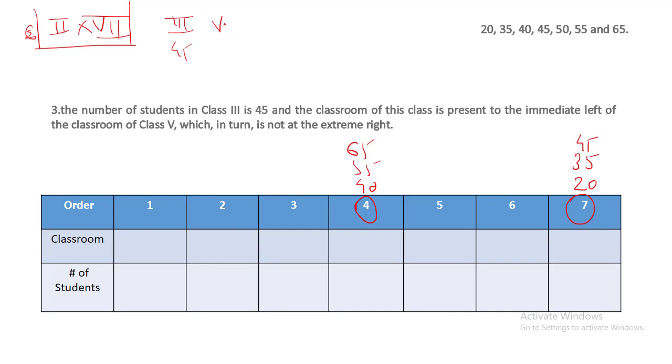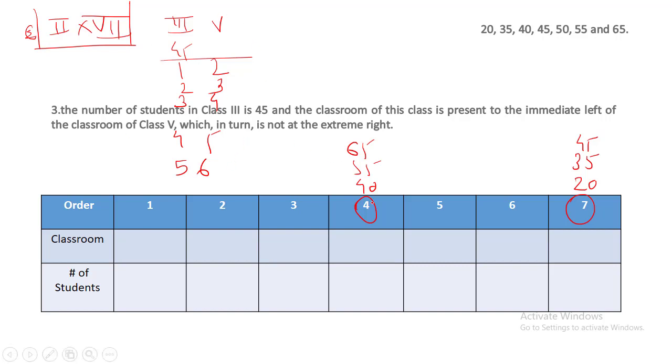Class 3 is immediate left of class 5, so they are always together. For order, we can have many representations like first, second, third, fourth, fifth, sixth, seventh is also possible, but it is given that the classroom of class 5 is not at the extreme right, that is number 7. So 6, 7, we are ruling out this possibility.